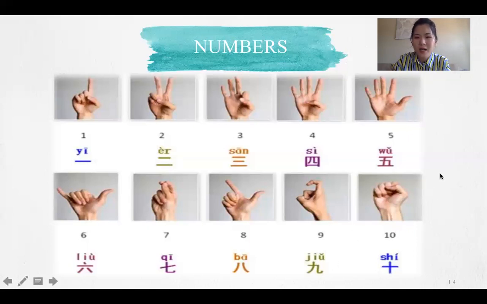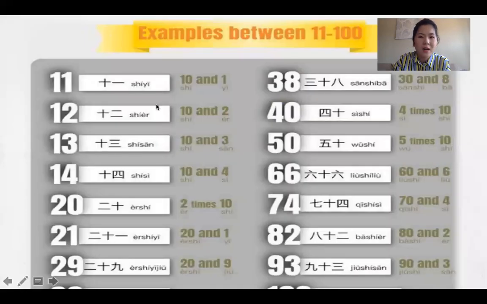In Mandarin, numbers are very easy to remember, because once you know 1 to 10, you'll easily know how to say from 10 to 99. Let's see how you say that. For 11, we have 10 and 1 together, right? How do you say 10 again? 10, and 1 is 1, so you have 11.